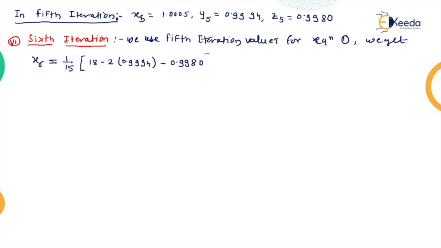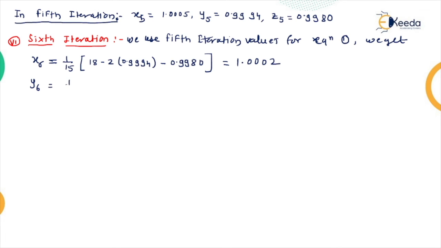So x is nothing but 1 upon 15 times (18 minus 2y minus z). We have to use the y and z values from the most recent, that is the fifth, iteration. So we get x6 as 1.0002, meaning 1.002.